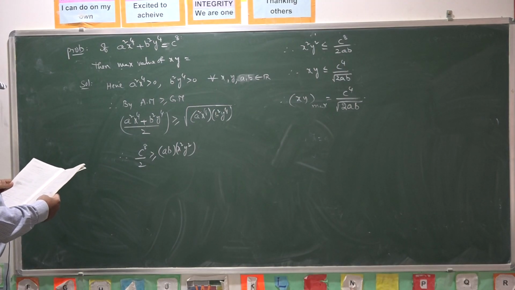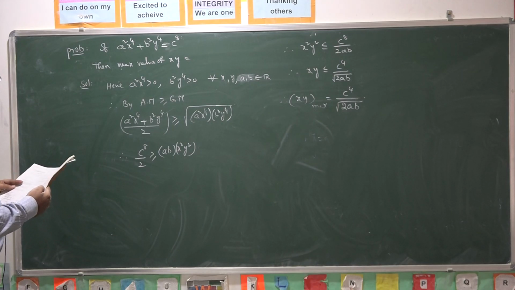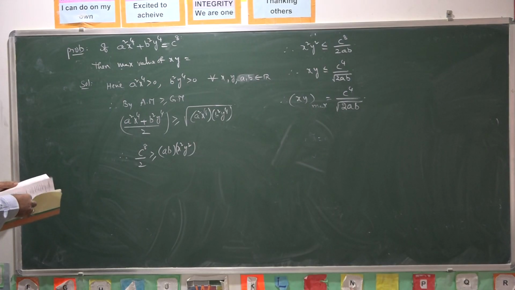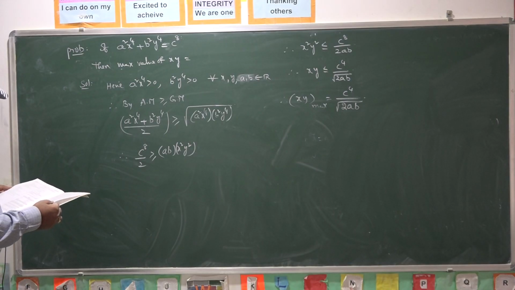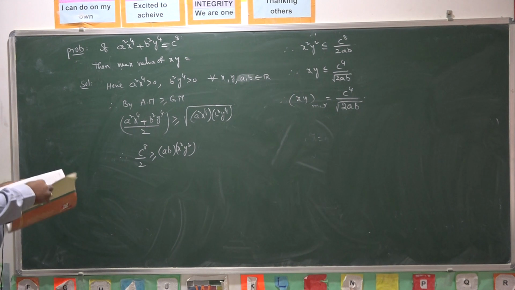We can apply the arithmetic mean is greater than or equal to geometric mean for such problems. The relation is very important, which gives us the maximum or minimum of certain functions.